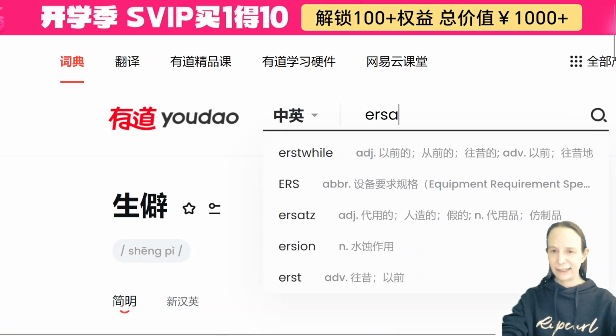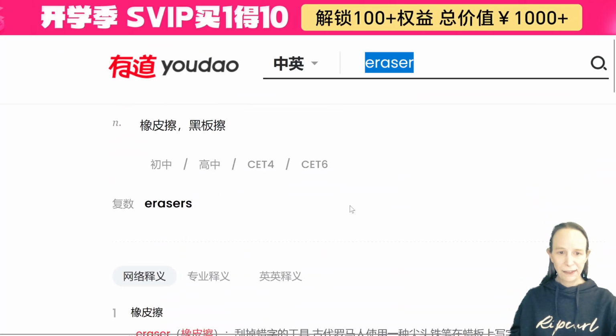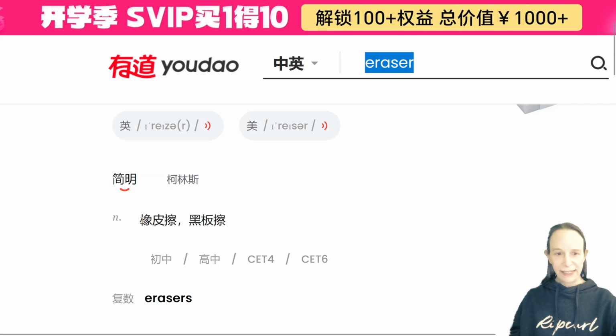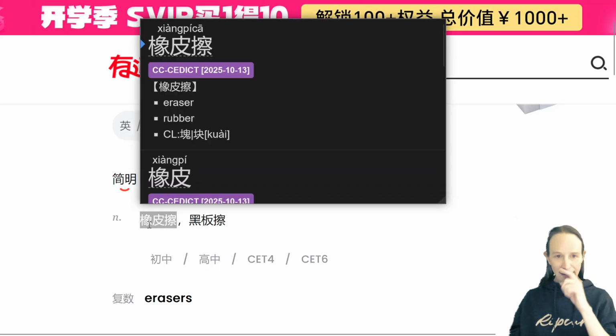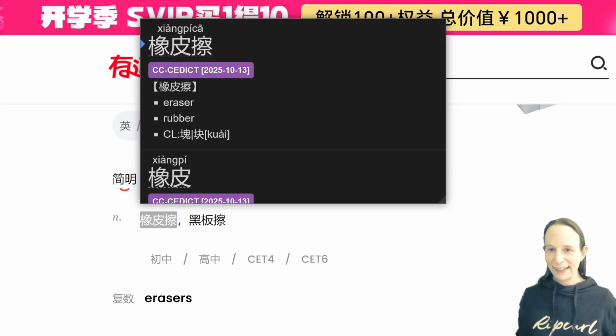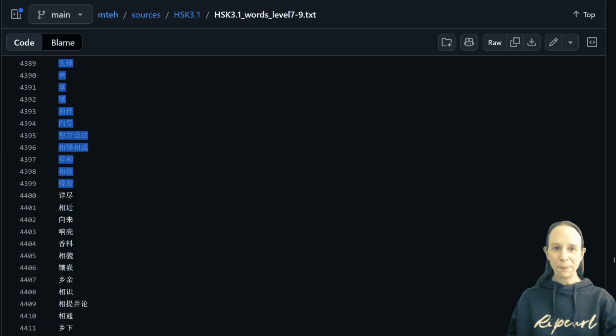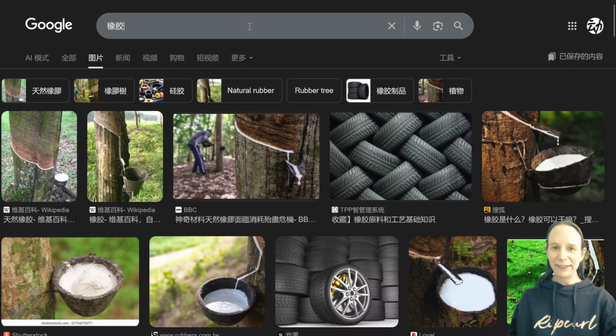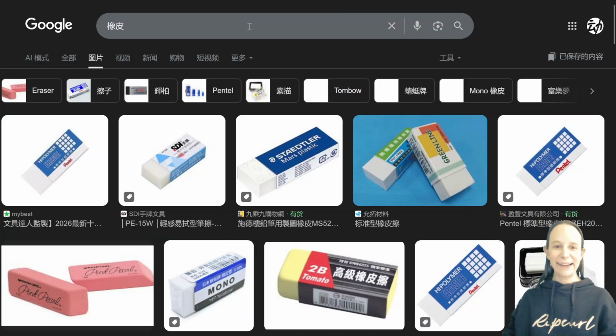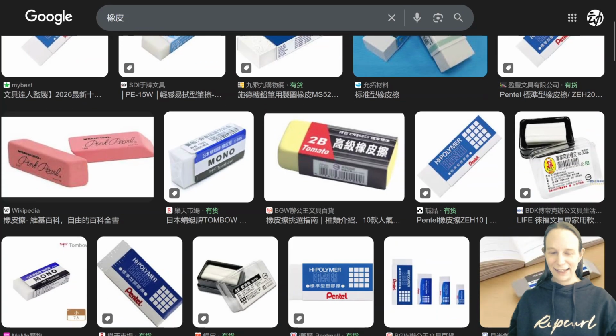I think it is. 橡皮擦? Oh, okay. So rubber in the sense of an eraser, the stationery implement. 橡皮擦. Well, actually, 橡皮. This one, 橡皮. Oak skin. Why is it called oak skin? It's got nothing to do with oak nor skin. Okay, 橡皮. This is the one I should have thought of.